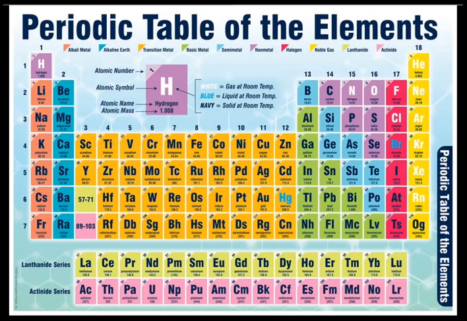Imagine right now if you have 118, 119 elements, and each element has to be studied individually. Humanly, it is not possible. So what we do is we have grouped them. They have been grouped by these people who worked on it to form a periodic table.